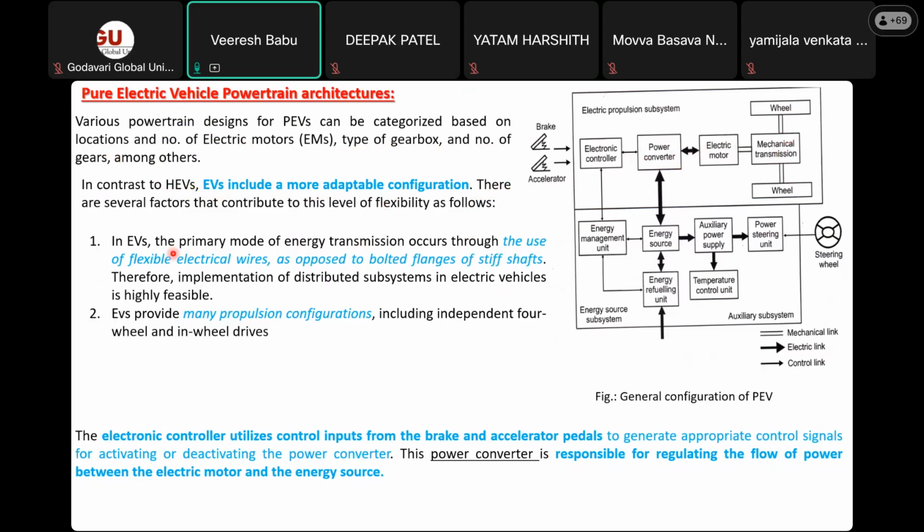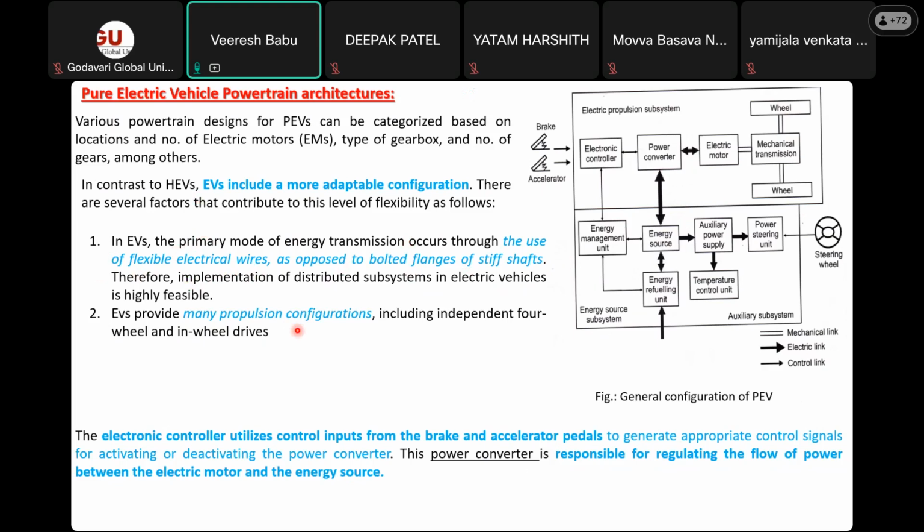In EVs, the primary mode of energy transmission is through flexible electric wires as opposed to bolted branches of stiff shafts. Therefore, implementation of distributed subsystems in electric vehicles is highly feasible, as I just mentioned.